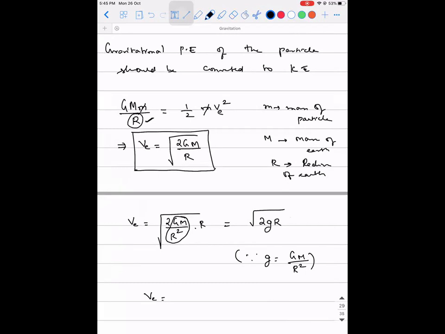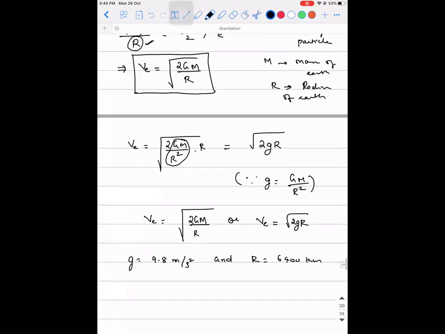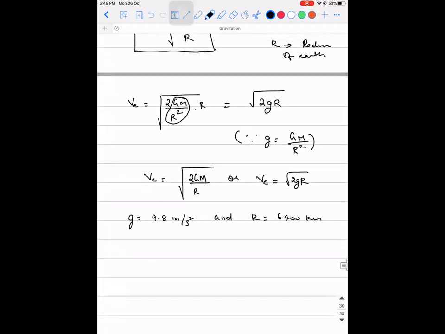So there are two formulae. You can either use root of 2 G capital M divided by R, or VE is equal to root of 2 g into capital R. By substituting g equal to 9.8 meter per second square and R equal to 6,400 kilometer, we get the value of escape velocity as 11.2 kilometer per second.